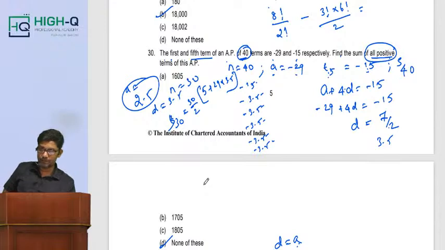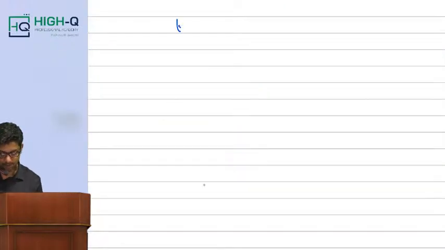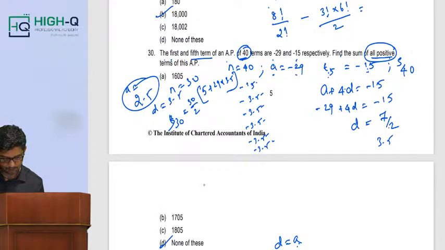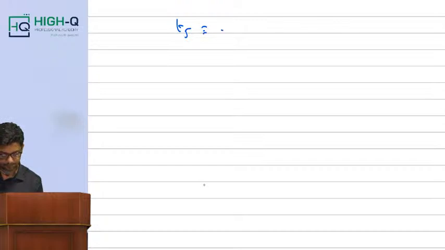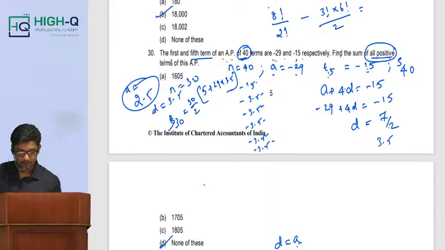Okay. The fifth term of an AP of 40 terms is minus 29. Total number of terms 40.